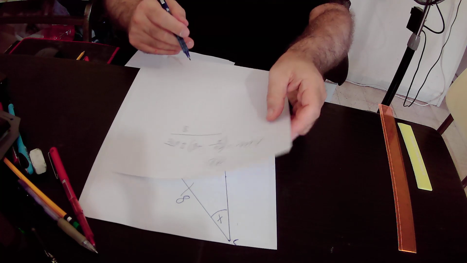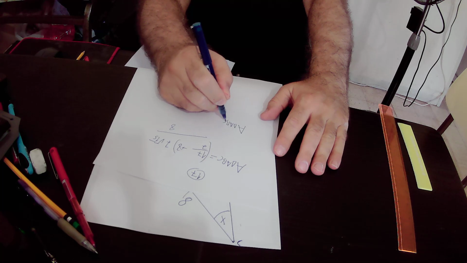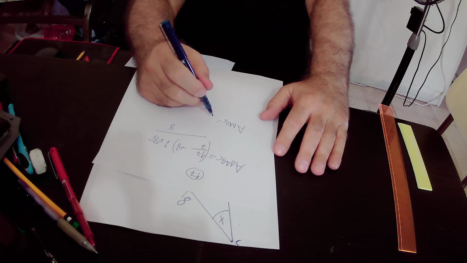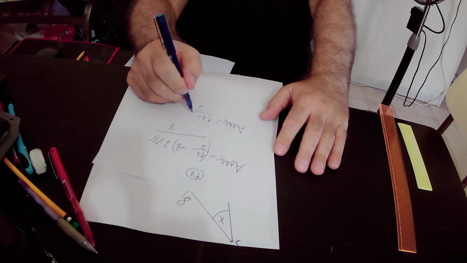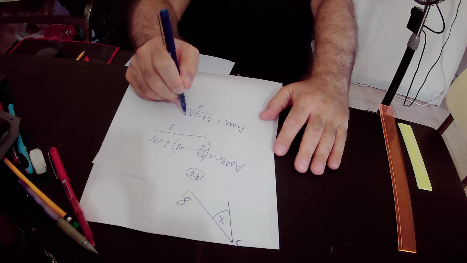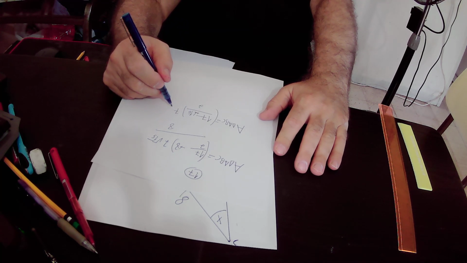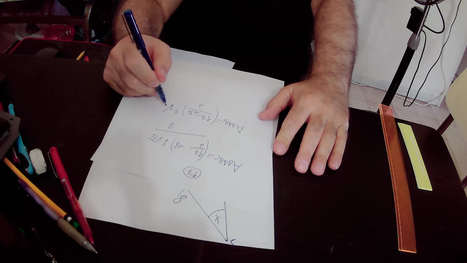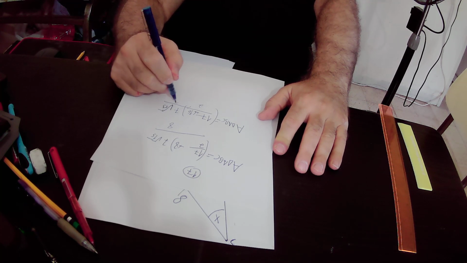So we get that the area of triangle ABC equals 17 over 2 plus 16 over 2. 8 is 16 over 2, so we change nothing. Times 7 times root 15 over 8.